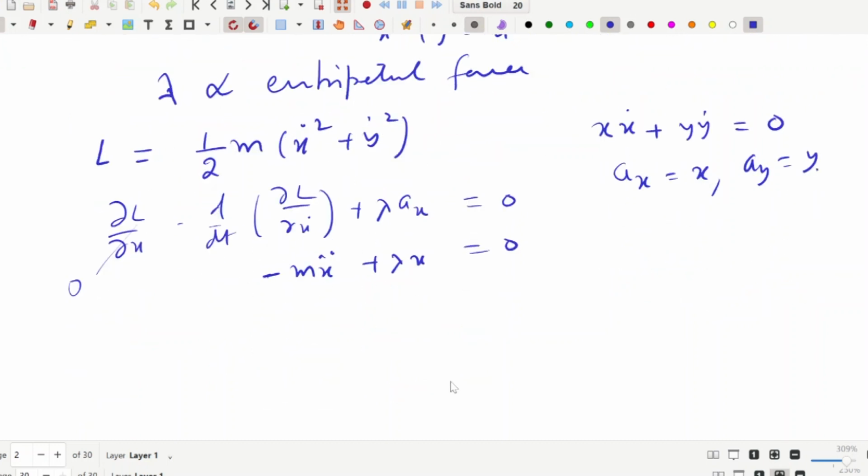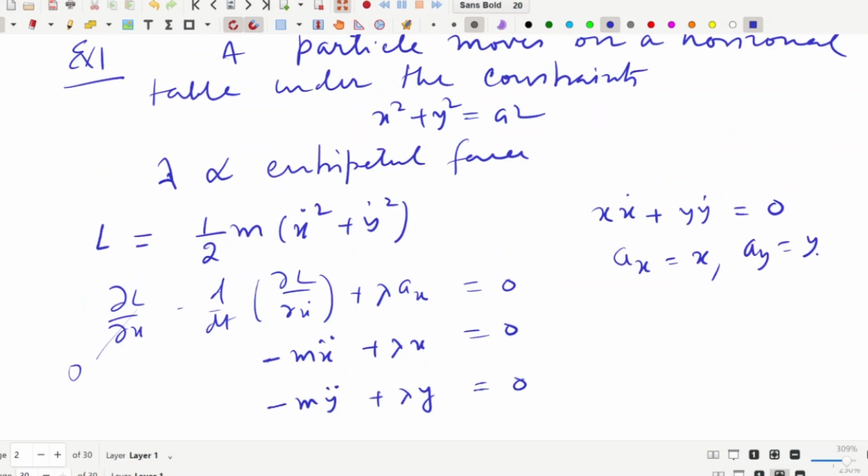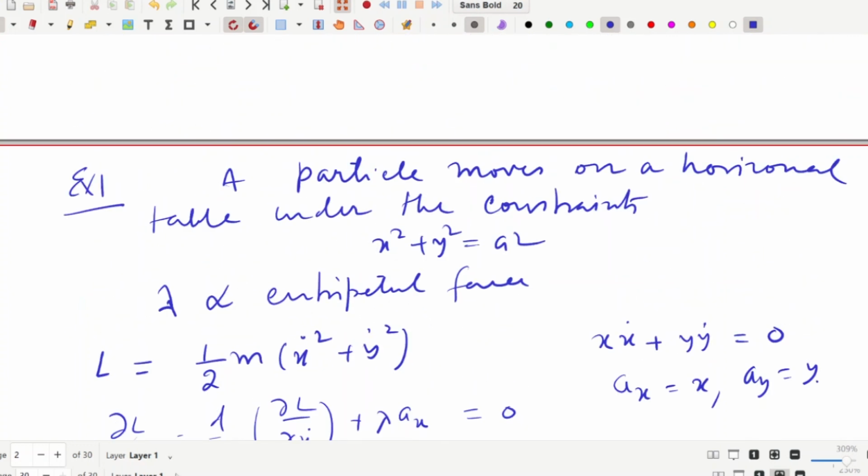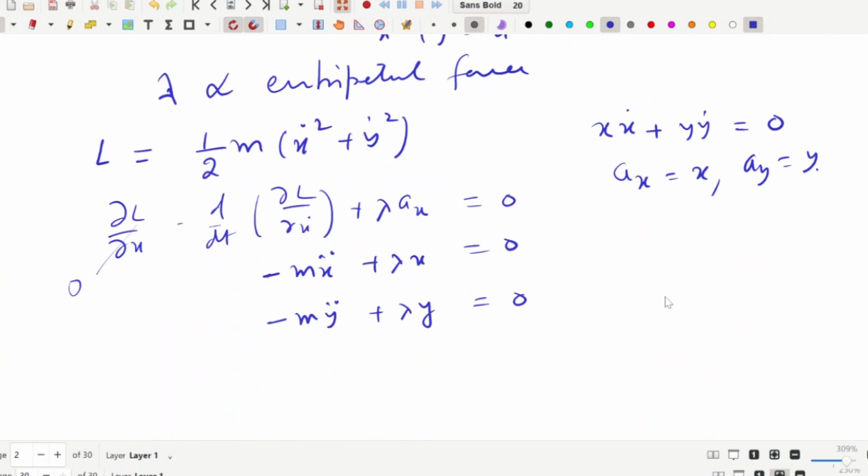Exactly in a similar way, if you calculate the y equation, it will be −m ÿ + λy = 0. Okay. And I mentioned in the last class in detail that after finding this equation you need to use the constraint condition also.